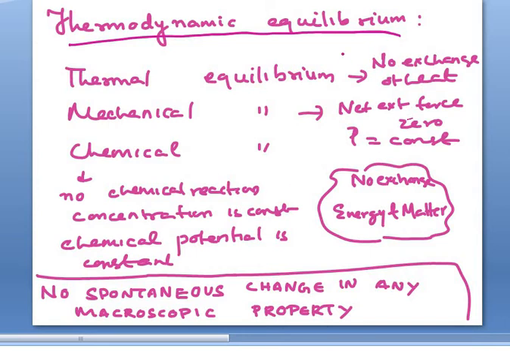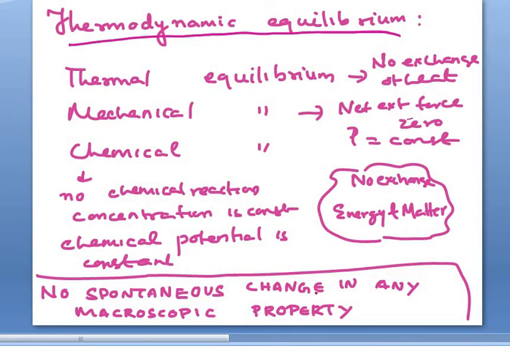A system is said to be in thermodynamic equilibrium when there is no exchange of matter or energy, because all these three things constitute that. So there is no exchange of energy or matter with the surroundings. Only then does it attain a state of thermodynamic equilibrium, or in other words, there is no spontaneous change in any macroscopic property.